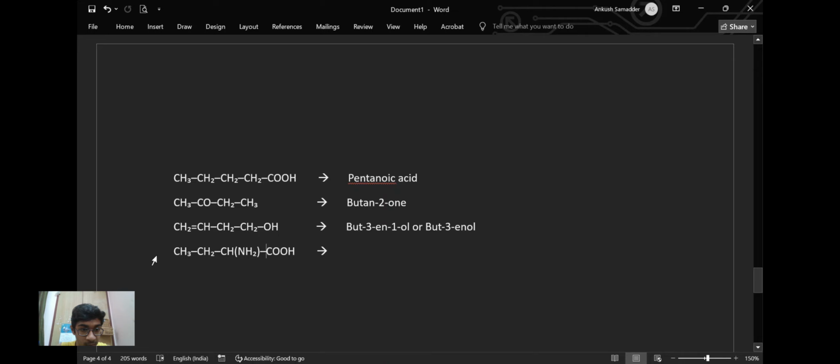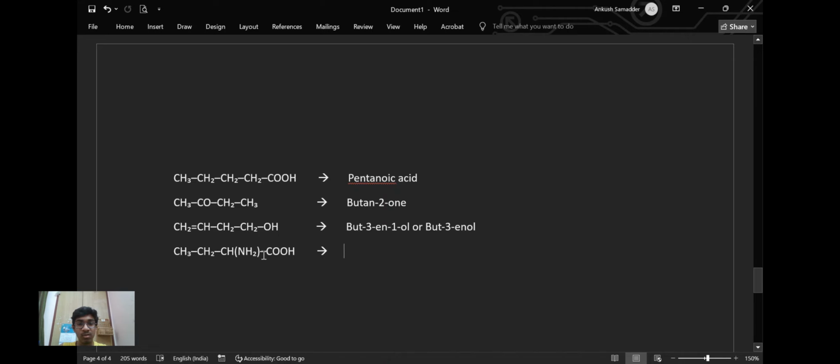So in this compound, look at it very carefully. One, two, three, four. Four carbons are there, and two functional groups are there: carboxylic acid and this amine functional group.